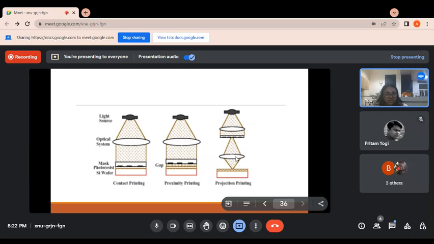We can use it for smaller devices and smaller structures. That's why we go for projection printing.